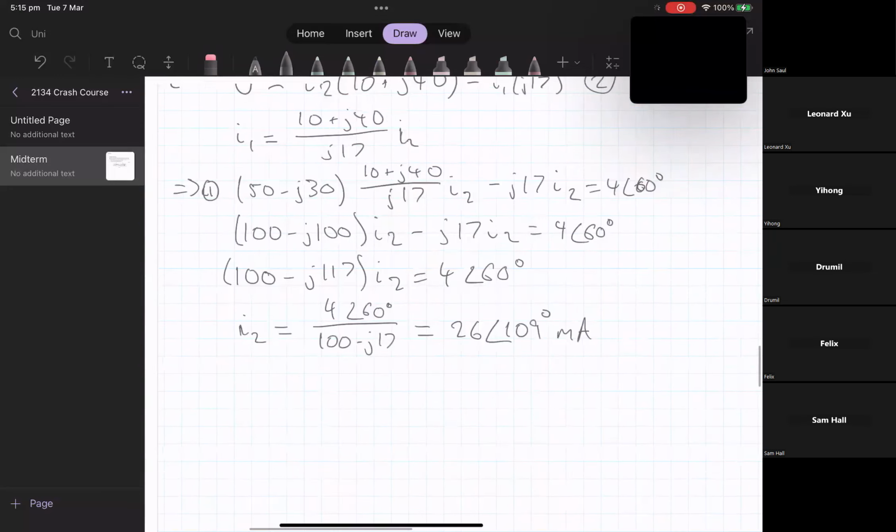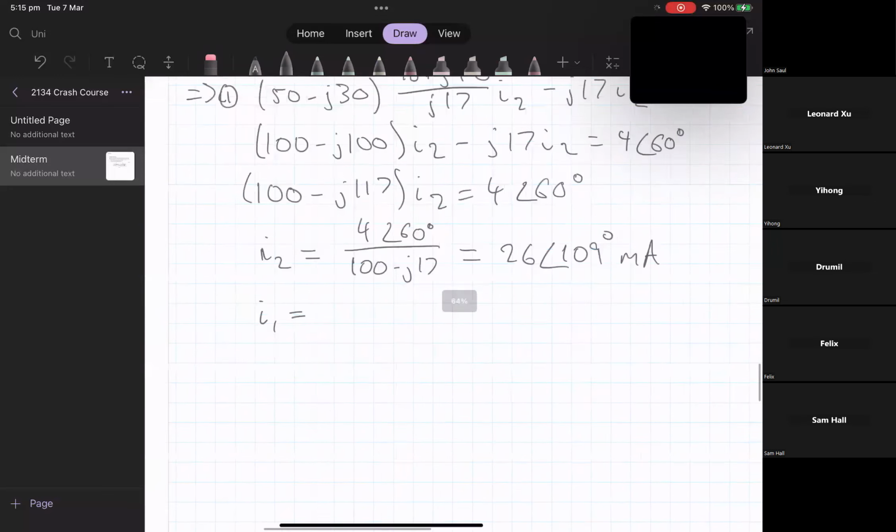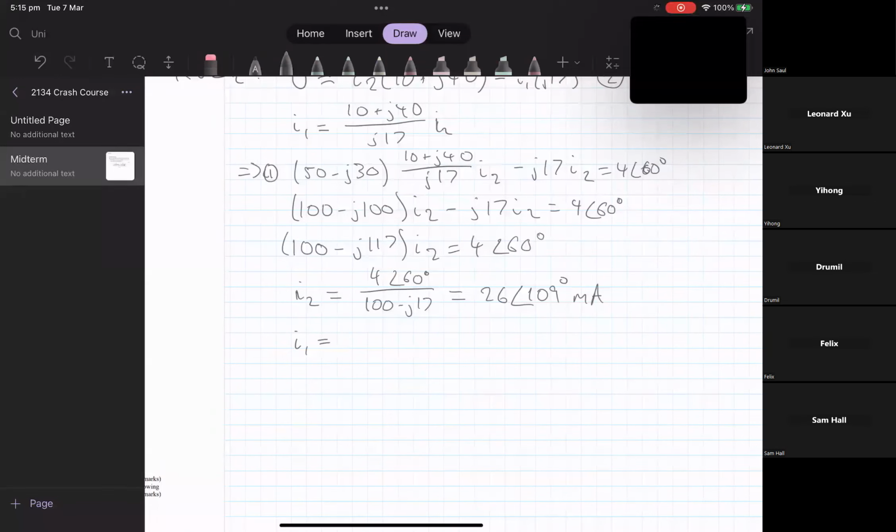Then we can sub that back in for our expression for I1. That is, always include your units.